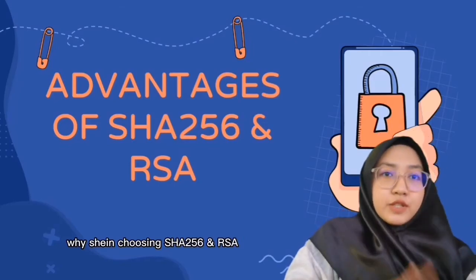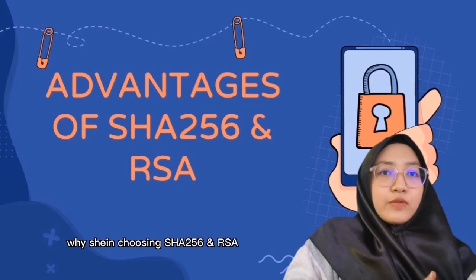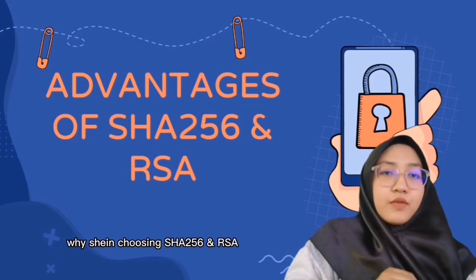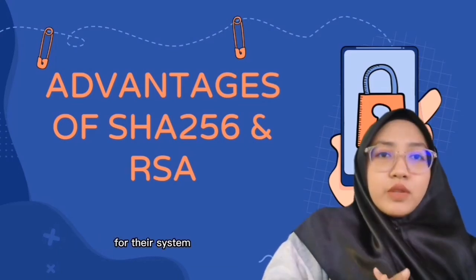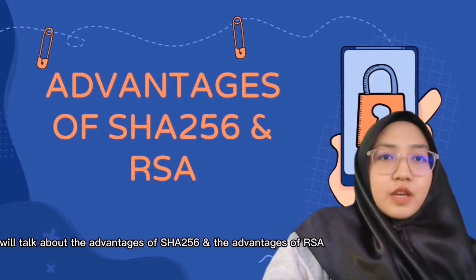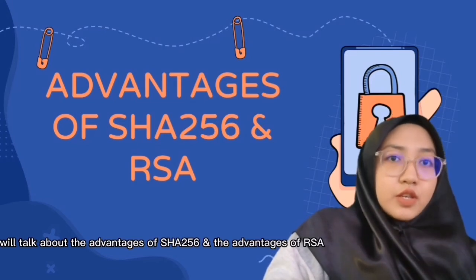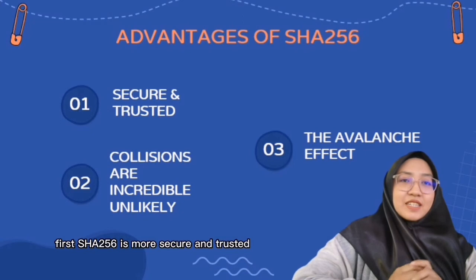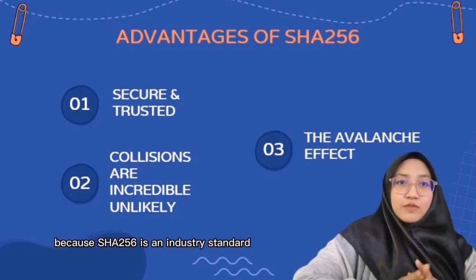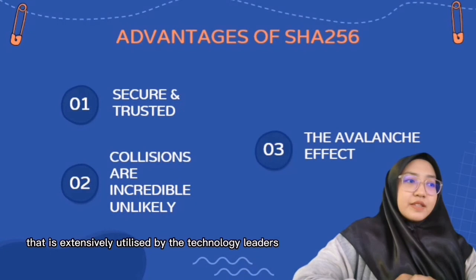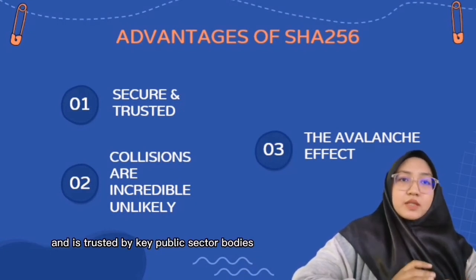Why did SHEIN choose SHA-256 and RSA for their system? We will talk about the advantages of SHA-256 and the advantages of RSA. First, SHA-256 is more secure and trusted because SHA-256 is an industry standard that is extensively utilized by technology leaders and is trusted by key public sector bodies.